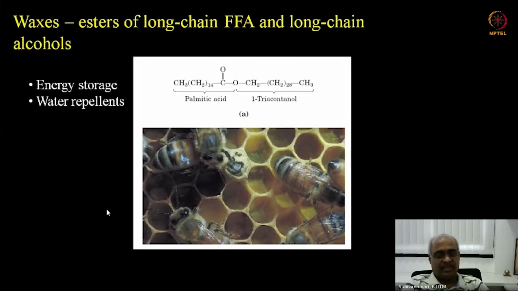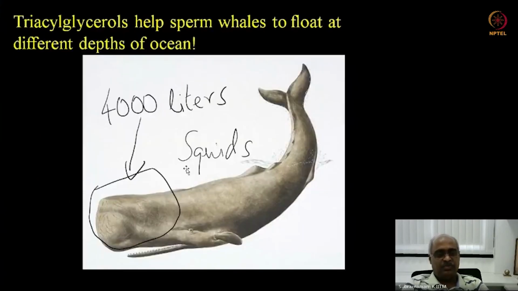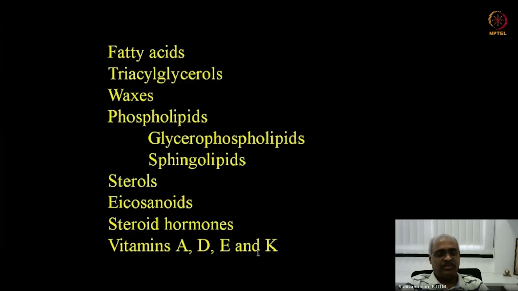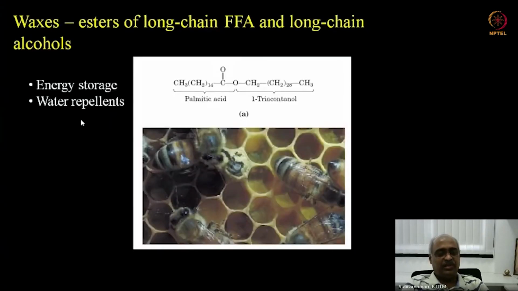Waxes are there even in the sperm whale as well, and these are useful in the cosmetic industry for preparing fragrances of many different varieties. Due to that, some of these organisms that produce these kinds of fats were hunted down nearly to extinction.